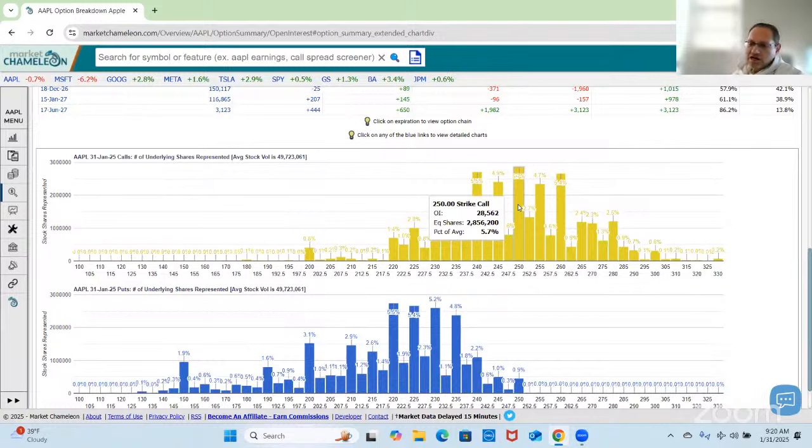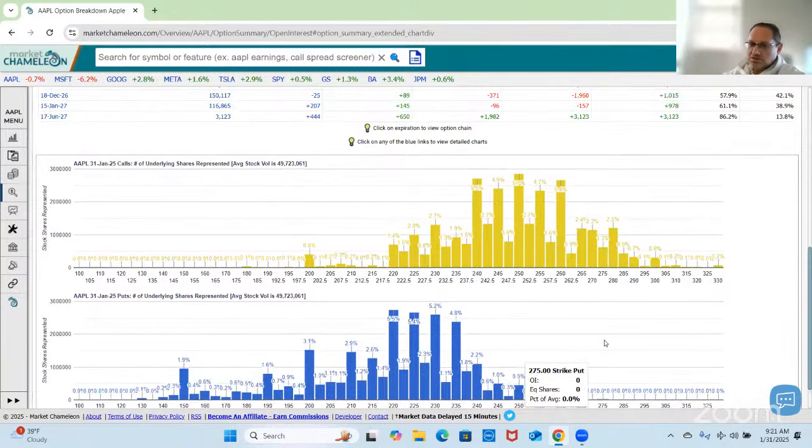Because these options themselves, at the end of the day, will either be in the money, converted to stock at expiration, or they'll be out of the money and worthless. So that's one way to keep an eye on that analysis.